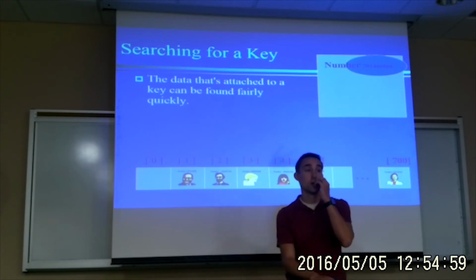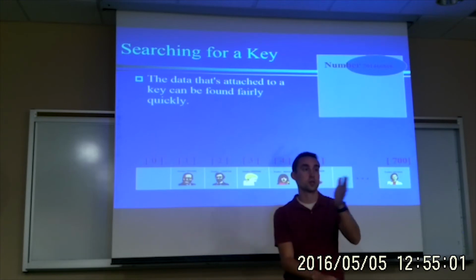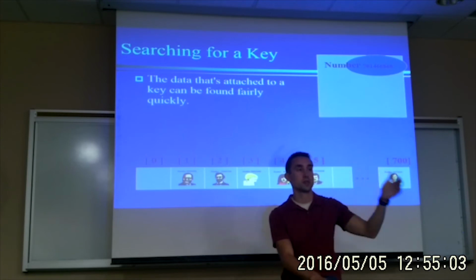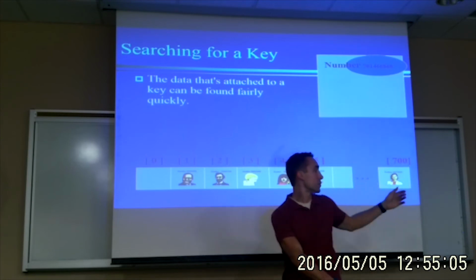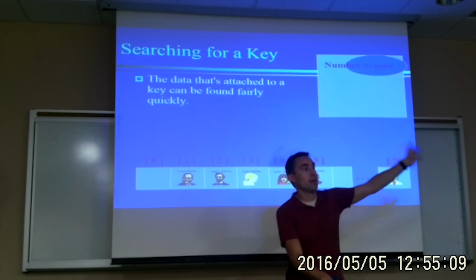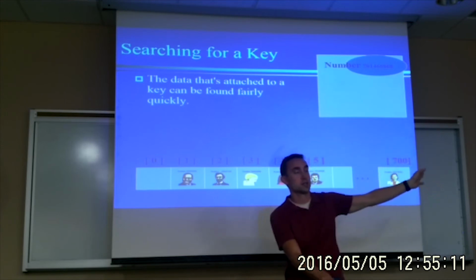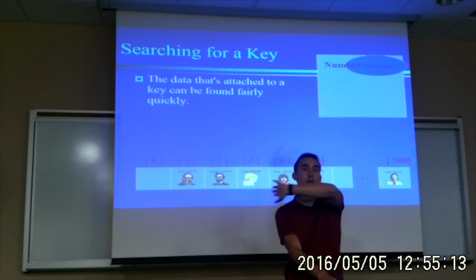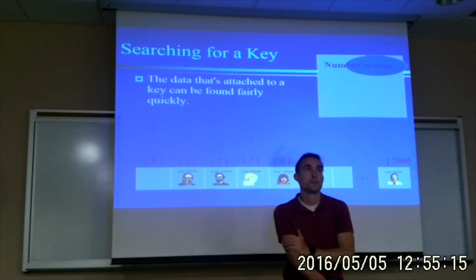Good, good. So let me answer your first question. The first question he had was, what happens if you get to the end? If you're in spot 700 and it's filled, and you can't go to 701 because it doesn't exist, you go back to the beginning at 0, and then you go from there. And to your second point, you're right.